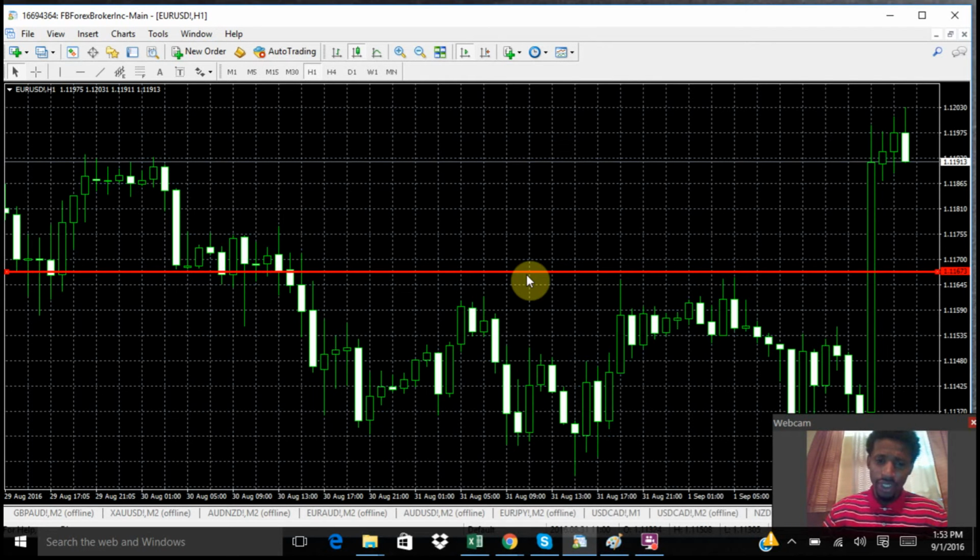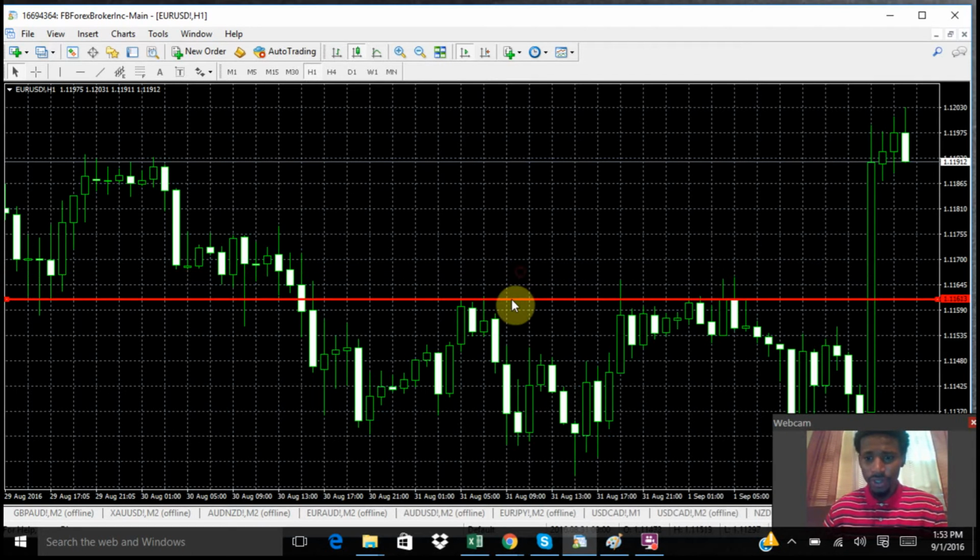To find a level of accurate support and resistance, you need to find three things. You need to look back in the data and see these three rules. Was it resistance before?